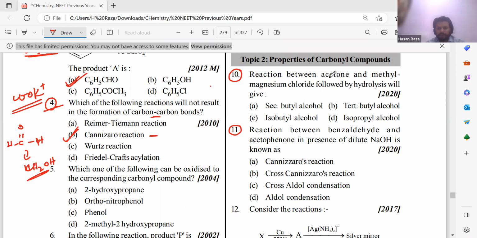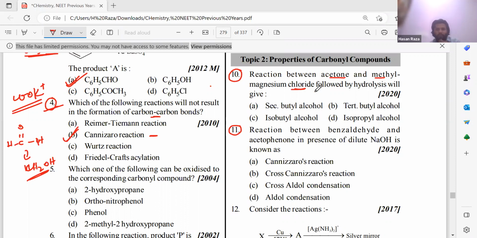Reaction between acetone and methyl magnesium chloride followed by hydrolysis will give secondary butyl alcohol. And I think it's a wrong answer. Was this Iba? D. Oh, Iba good, and Hanifa wrong answer.